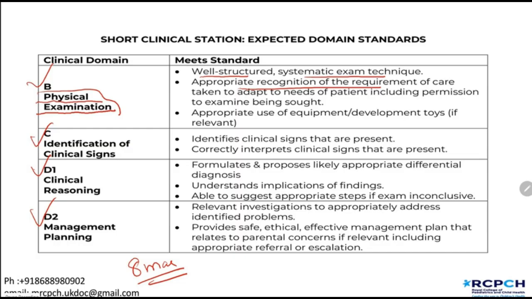You have to wash your hands, hand rub will be provided, you need to rub your hands, introduce yourself to the examiner, to the patient and to the parent, and take permission and consent from the parent to examine the child.